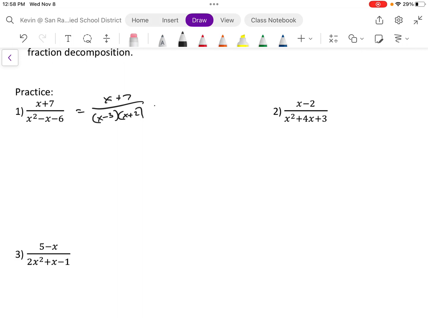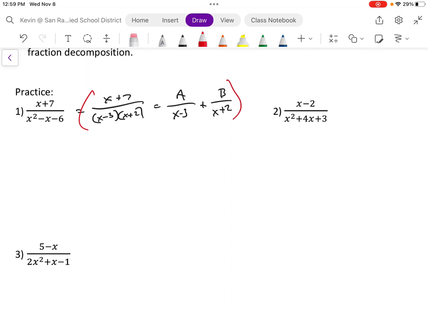So that is going to equal a over x minus 3 plus b over x plus 2. You'll find that it doesn't matter which way these work out. It'll always still work out. It doesn't matter if this was x minus 3 and this is x plus 2. If those were flipped, it would still ultimately work out.